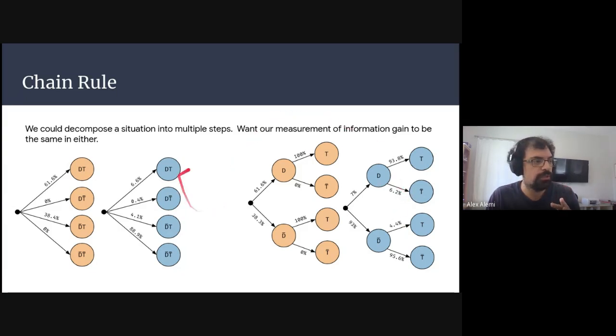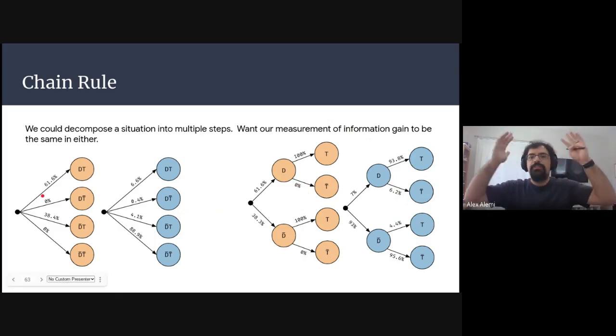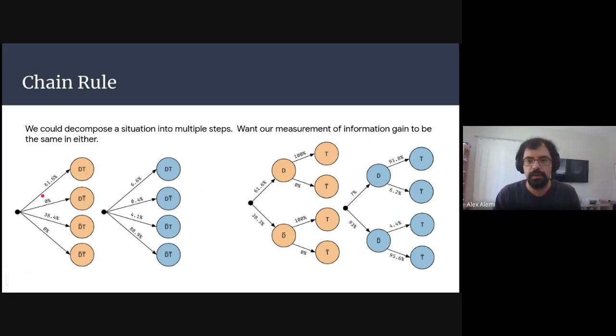Similarly, this orange is equivalent to this set of orange numbers. And for any function that measures how much I move from one distribution to another, I should get the same answer whether I calculate in these diagrams or in these diagrams. It shouldn't matter, because those are independent ways of describing the same sets of beliefs.